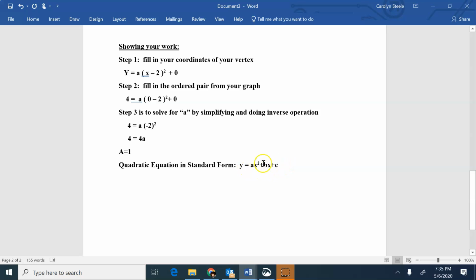Okay, so let's get this part, and then we'll put our a in front of there, because that's our a that goes right there. So you've got y equals, and at the top right here, you have (x minus 2) squared. We're going to put a 1, because we just found out a was 1, times (x minus 2) squared.